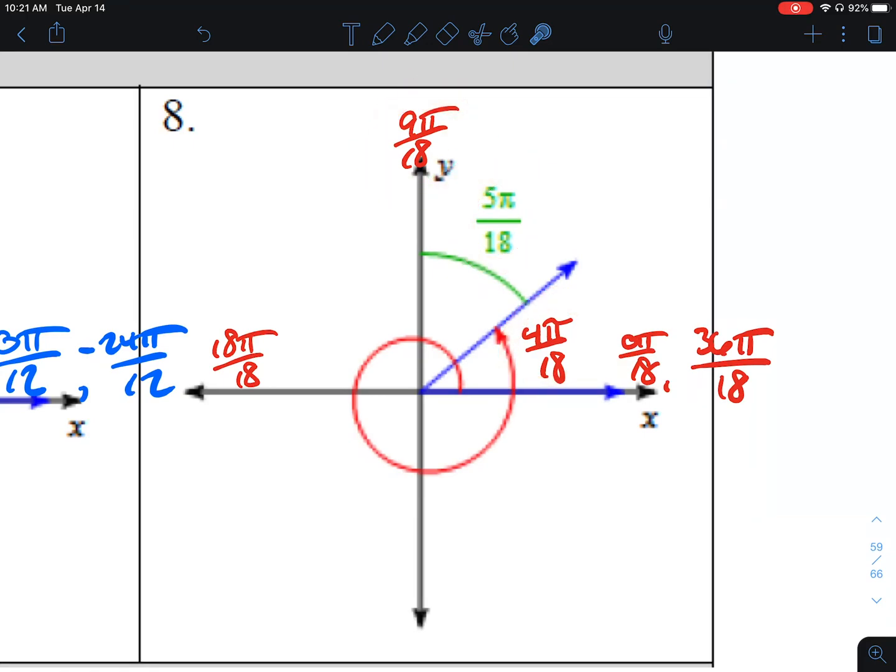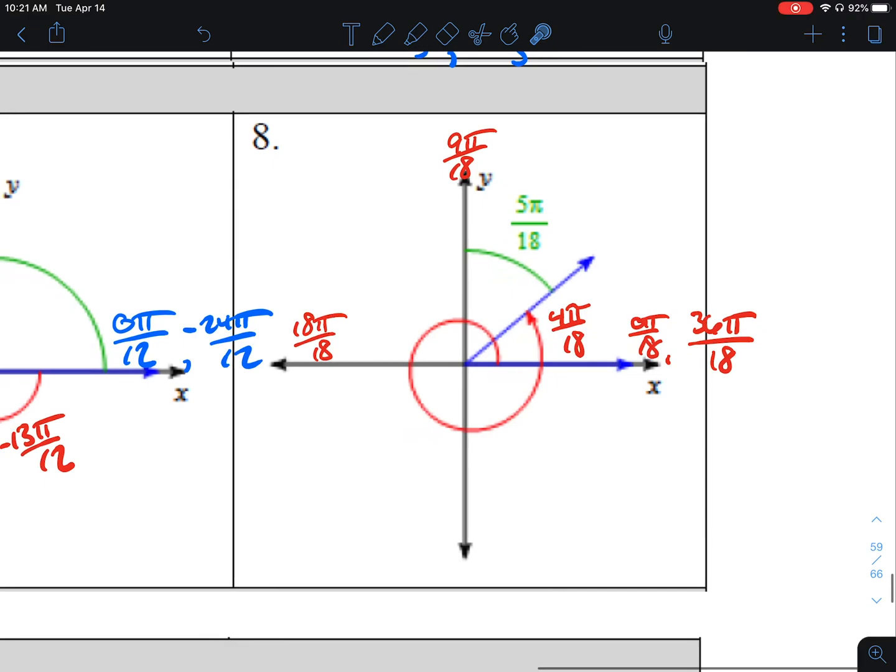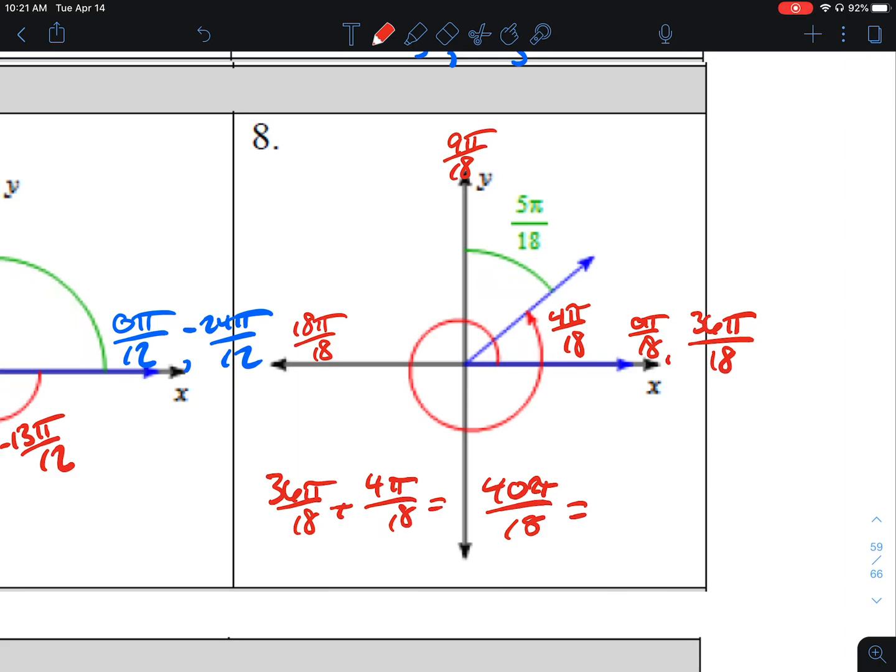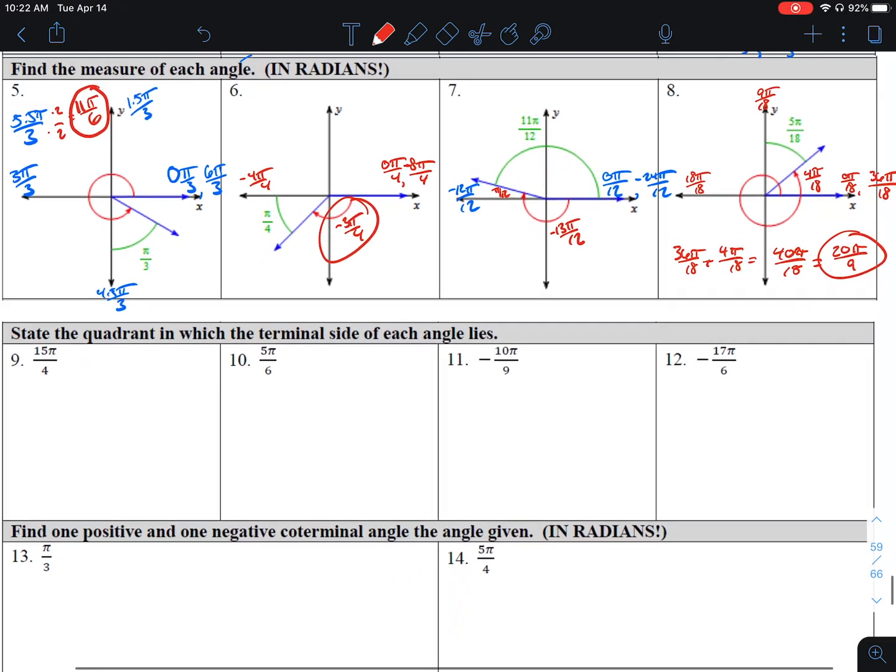So our answer to this is 36 pi over 18 plus 4 pi over 18, which is going to give us 40 pi over 18. You can divide the top and bottom by 2 to reduce and get 20 pi over 9. So that's what we would declare for that answer.